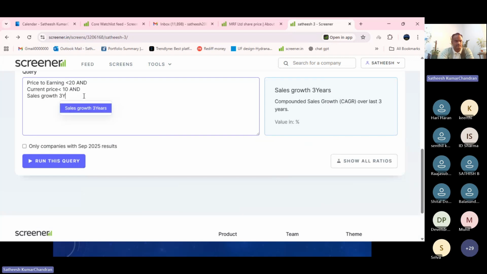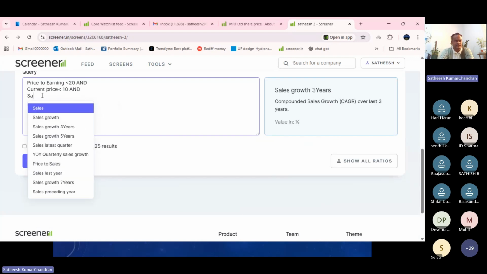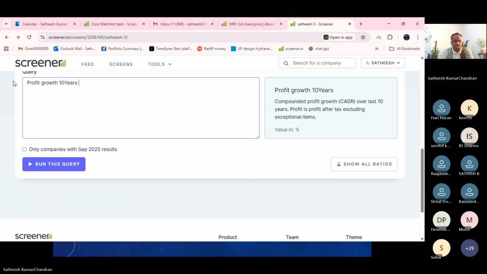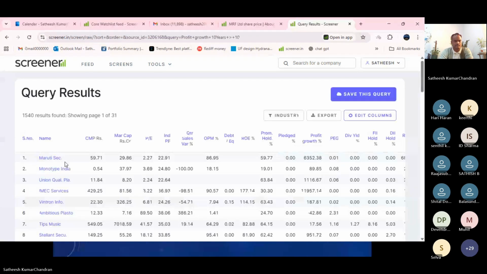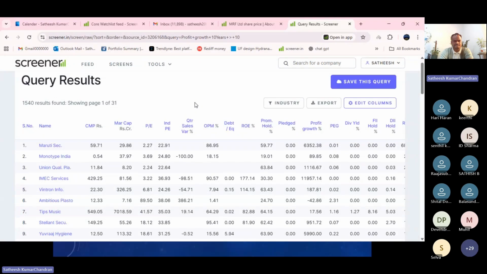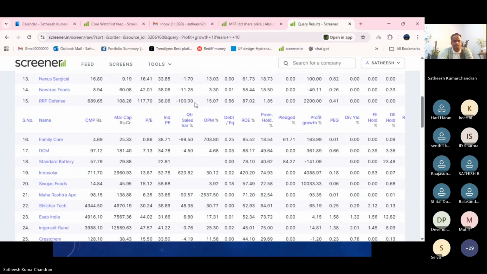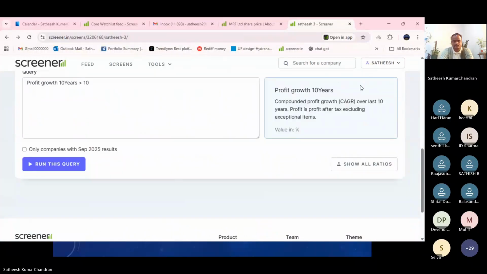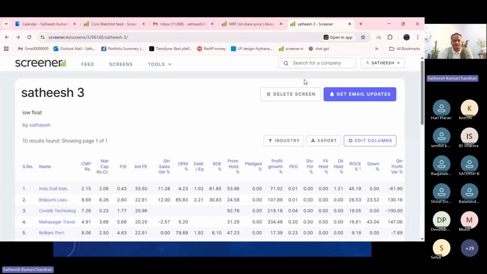Now profit growth. We can even select multiple screeners. Like that we can select. So this is about screener.